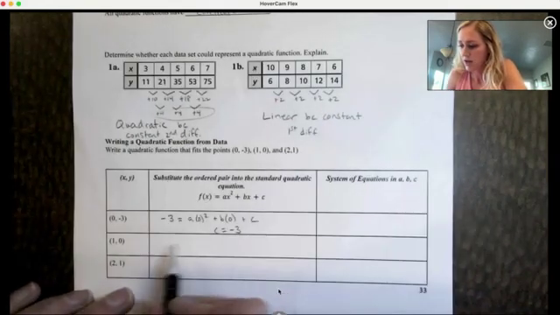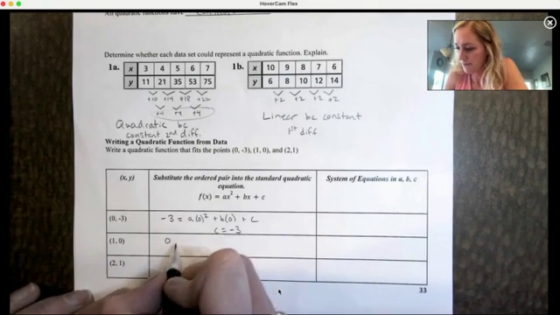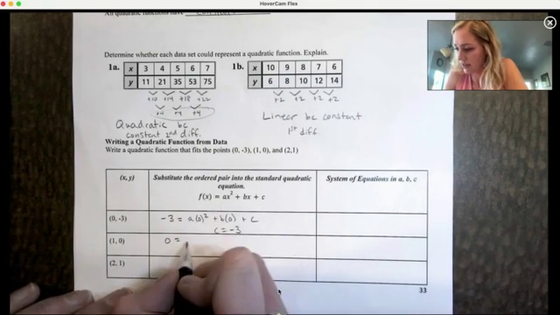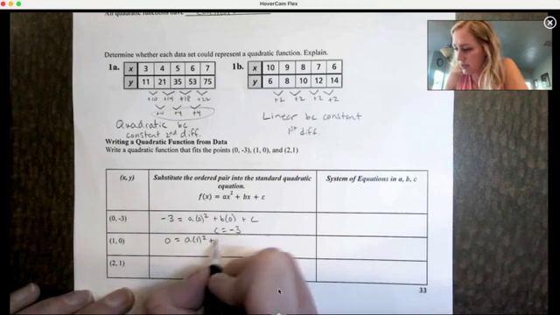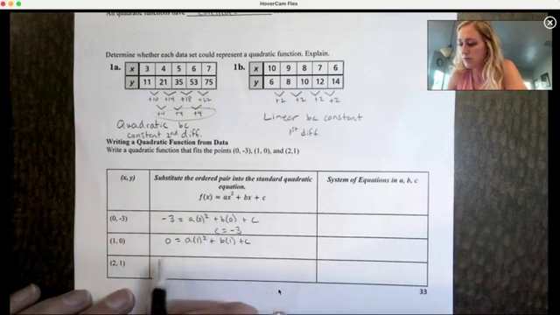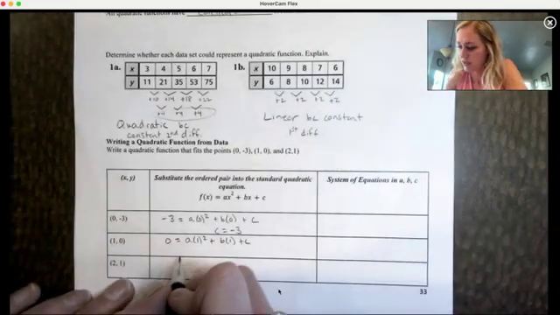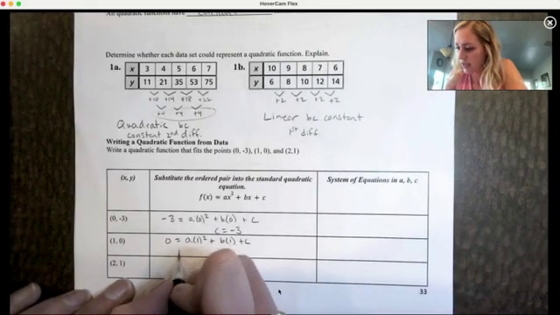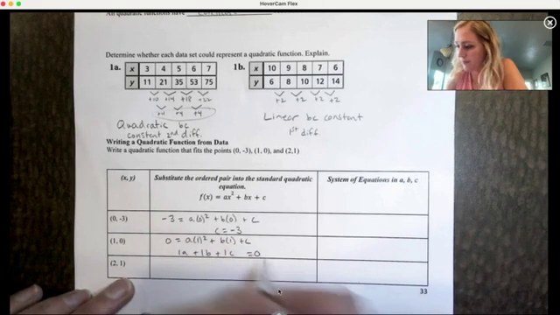We're going to do the same thing for 1 and 0. Plug 0 in for y, 1 in for all the x's. So we get 0 equals a times 1 squared plus b times 1 plus c. I want to arrange them so that I have a's, b's, c's, and then the constant. So I'm going to just rewrite this: 1a plus 1b plus 1c equals 0.